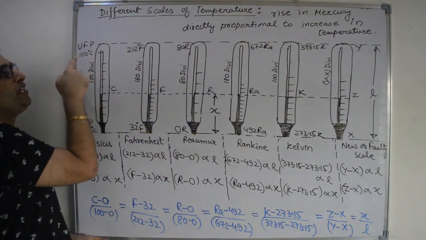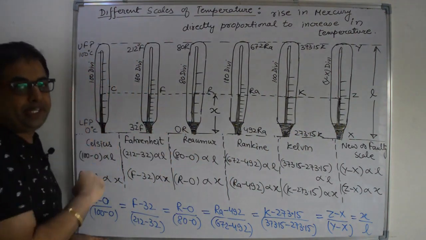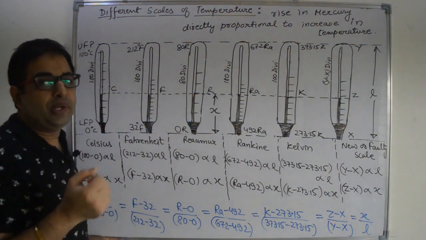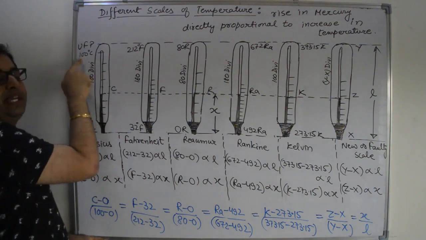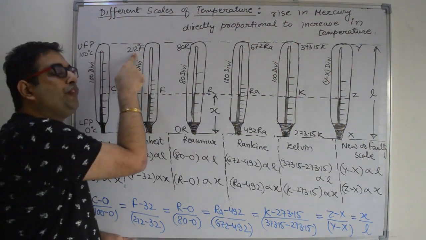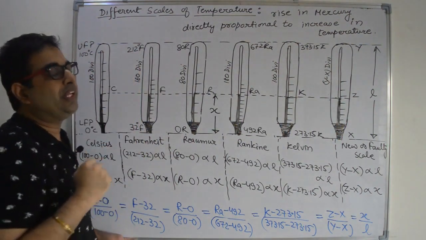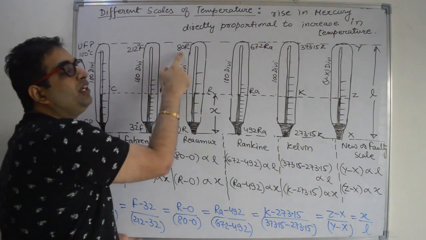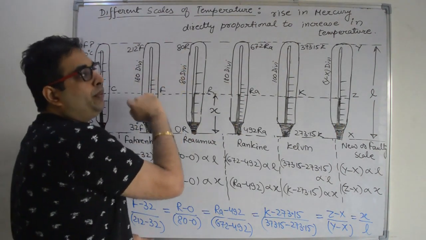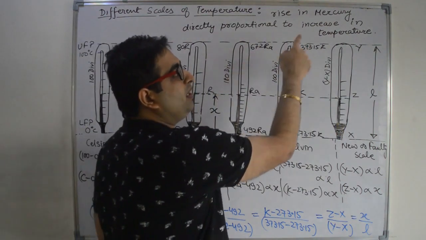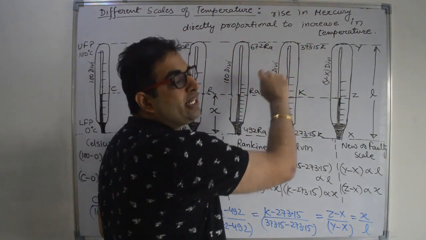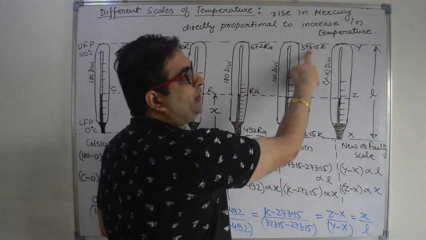Similarly, the upper fixed point, that is the steam point, where water will boil. So the steam point is, for the Celsius scale 100 degrees Celsius, for Fahrenheit 212 degrees Fahrenheit, for Reaumur 80 Reaumur, for Rankine 672 Rankine, and for Kelvin it is 373.15.